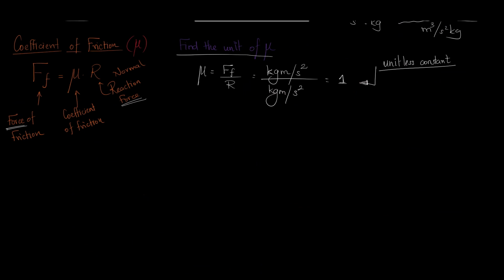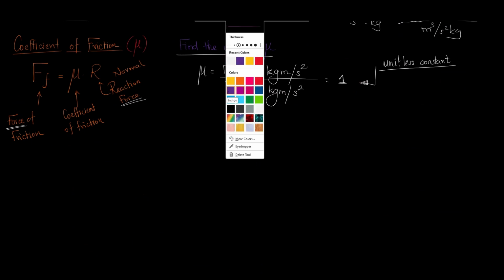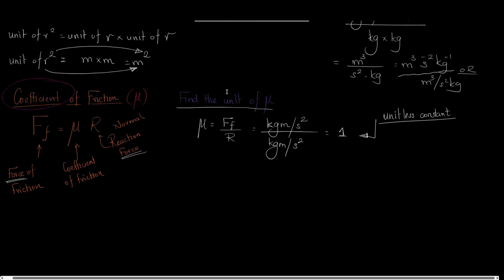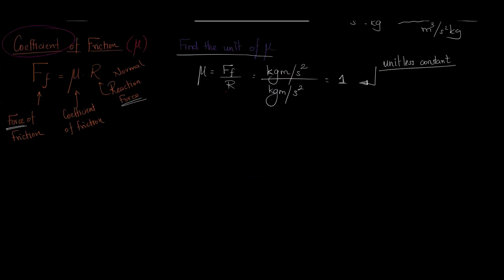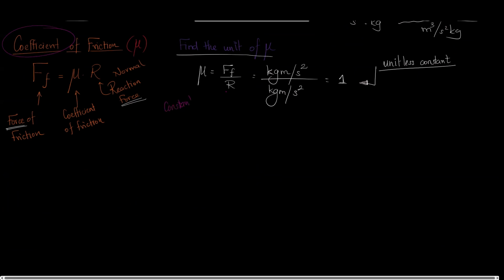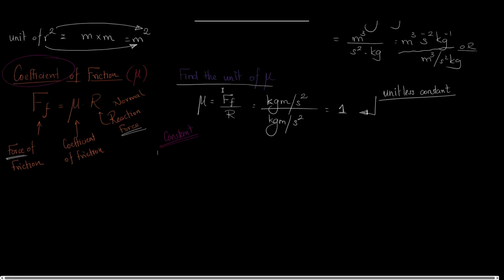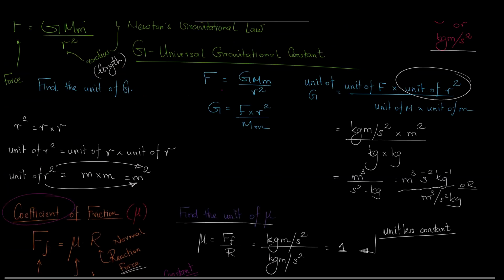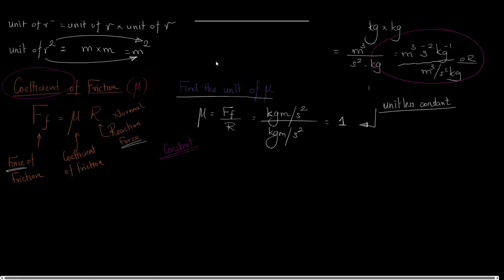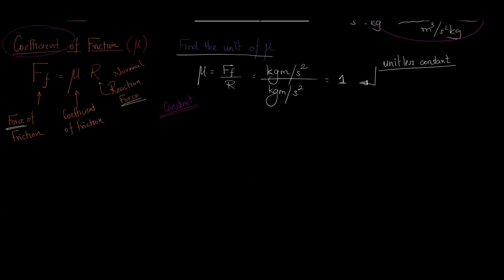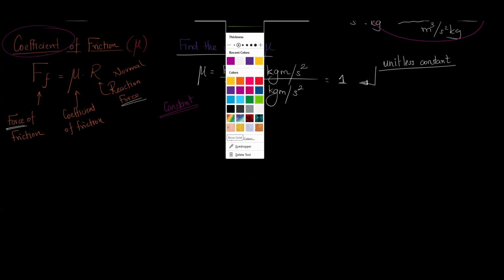So we call this a coefficient, right? So this is a constant. Earlier also, we looked at a constant, which is the gravitational constant, right? So the gravitational constant has a unit, and the frictional coefficient doesn't have a unit. So understand that constants could be of 2 types, right?